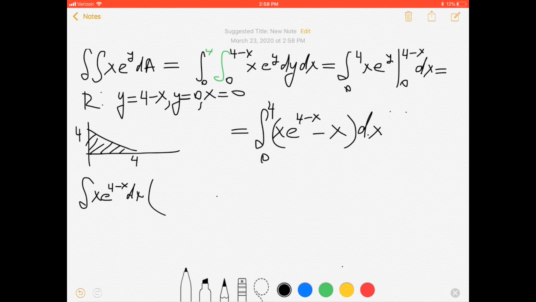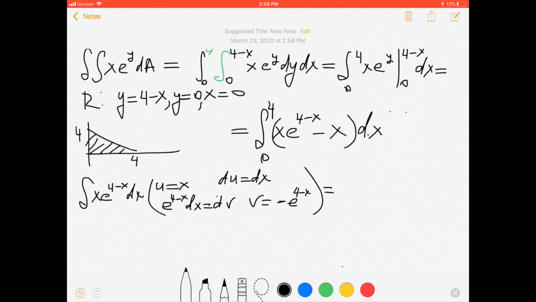Polynomial function times exponential function. This means u will be x. e to the 4 minus x dx will be dv. du will be dx. And v will be minus e to the 4 minus x.